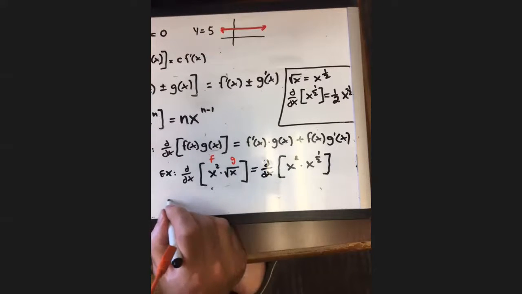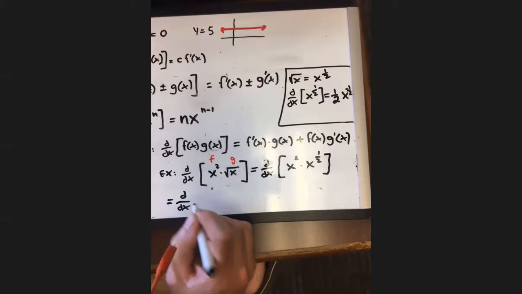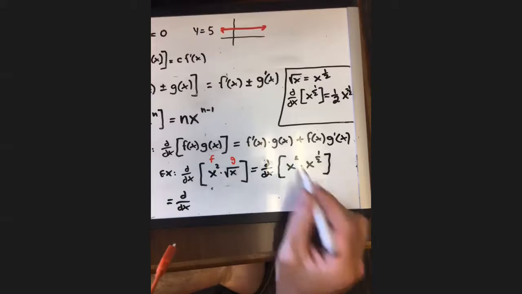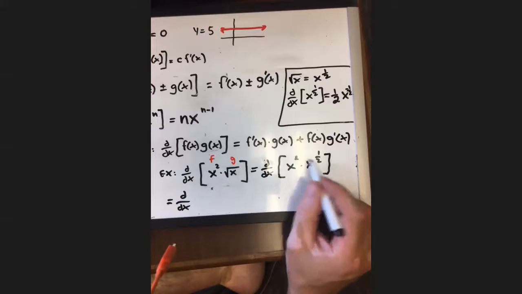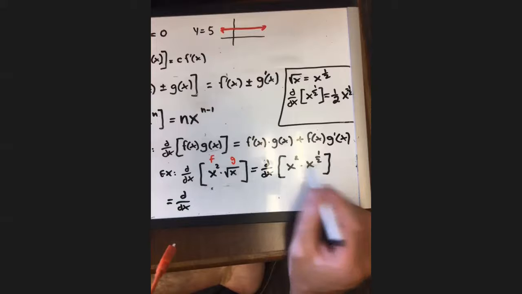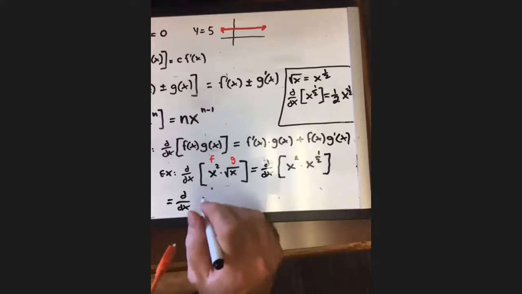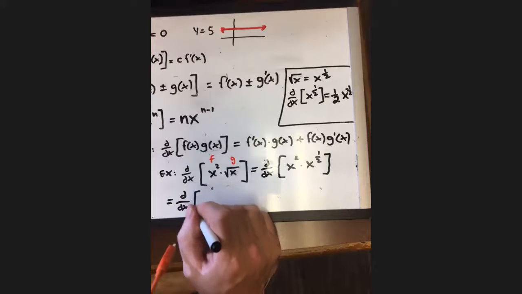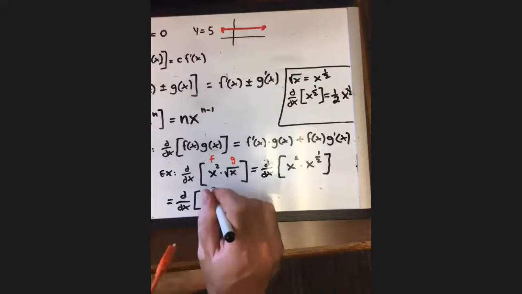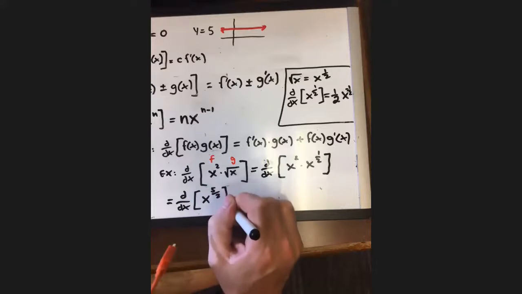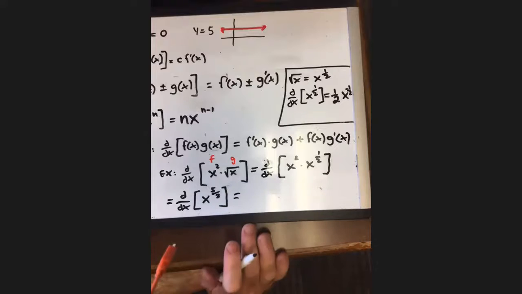So just using properties of exponents, if I take x squared and I multiply by x to the 1/2, I'm allowed to add those exponents there. So 2 is 4/2. So if I add 1/2, we have a total of 5/2. So x to 5/2. And now by just doing that simple algebraic step at the beginning, I no longer have to use the product rule because I have a single function here.